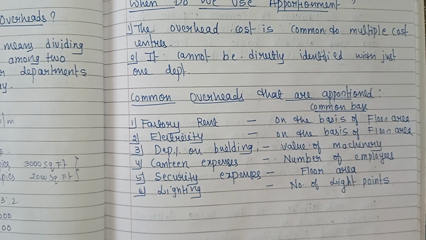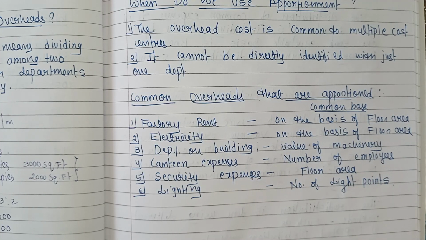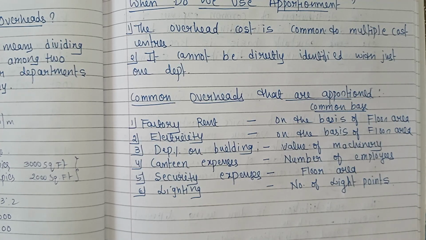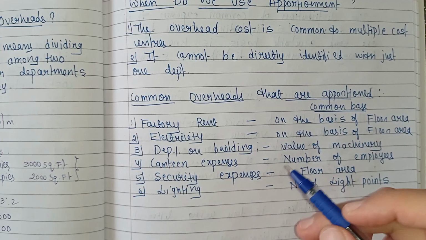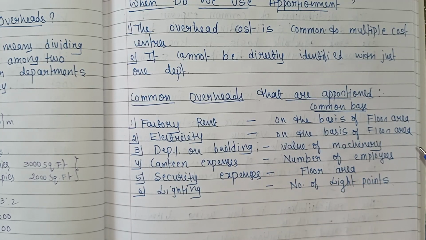That's why the common basis for factory rent is floor area. And next one, electricity, that is also on the basis of floor area, because more area generally means more lights, fans and machines, right?